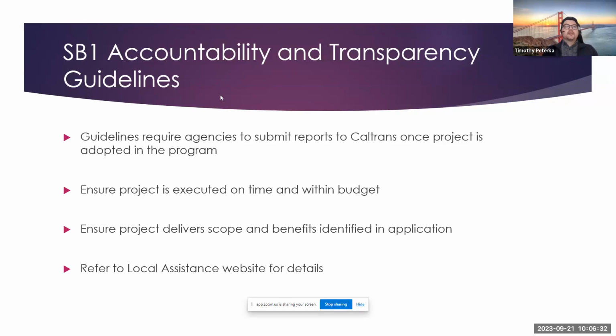So it's really just about providing us with information to be able to determine, have you done the project like you said? Have you done it within budget and within the time frame specified? So that's what these reports are about. And again, we have plenty of resources on the reporting website and on our local assistance website for additional details.